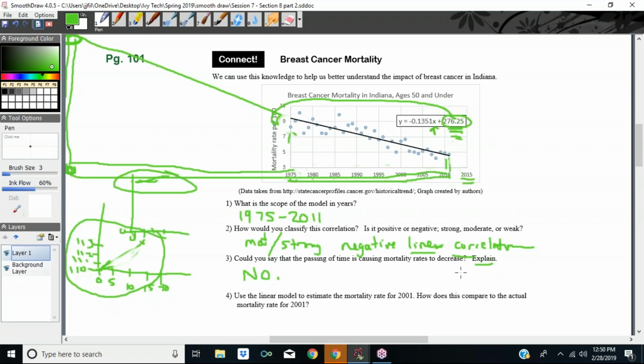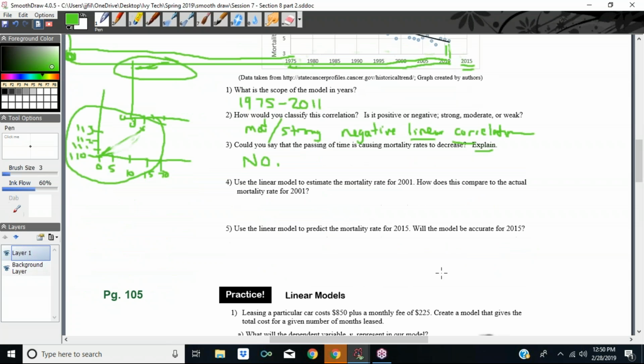Absolutely. So this is just to reiterate the point I made earlier, that just because there's a correlation, it doesn't imply causation. Just because there's a strong linear correlation, it doesn't mean that the passage of time is causing the mortality rate to go down. Other factors are causing it to go down.